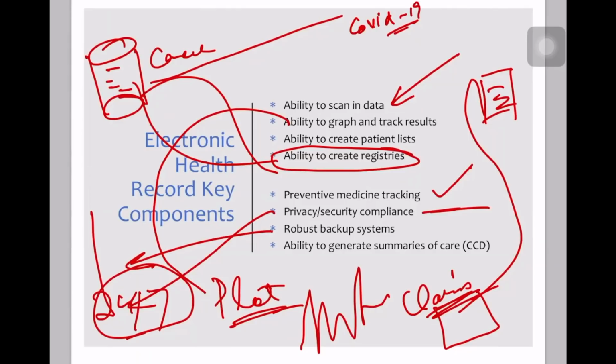Some people, for example in cancer, are on chemo. So how they are going with their treatment, and if they have received treatment in previous hospitals, now you can compare with this hospital and when they will be discharged from this hospital. This kind of timeline summary of care you can build up and generate with the help of EHR systems.